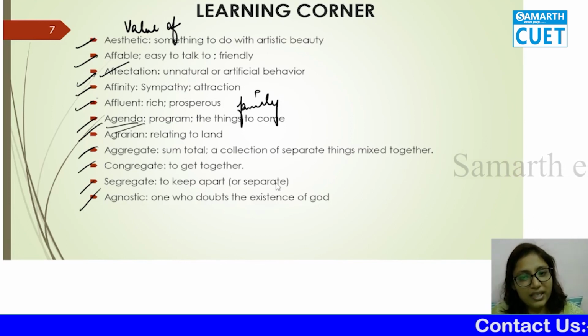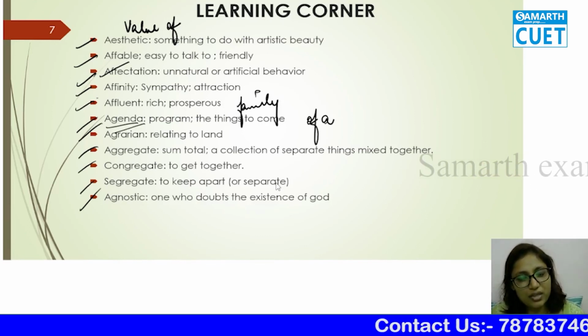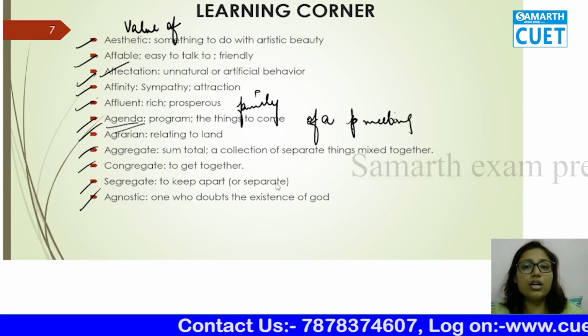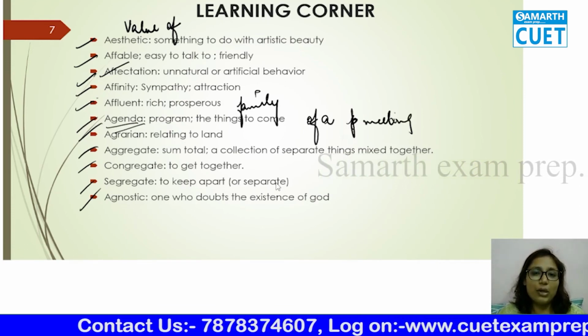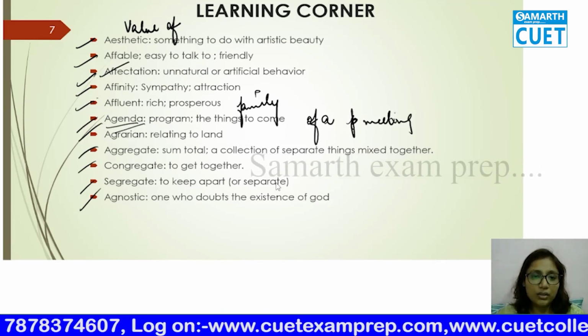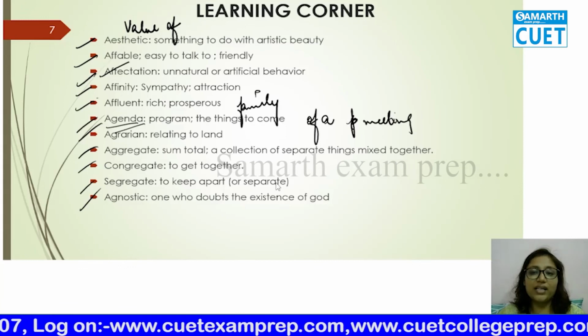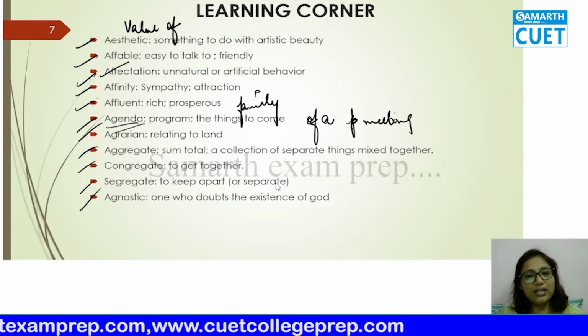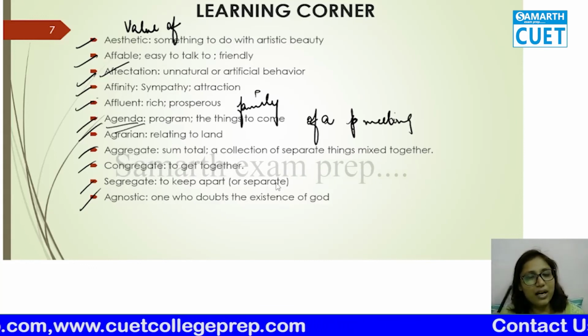Agenda of a meeting means a program or the things that will take place in a meeting. So basically what you can do is put one word to that, or you can learn through one sentence. Like I learned aesthetics of a place, that means you'll understand the artistic beauty of a place.